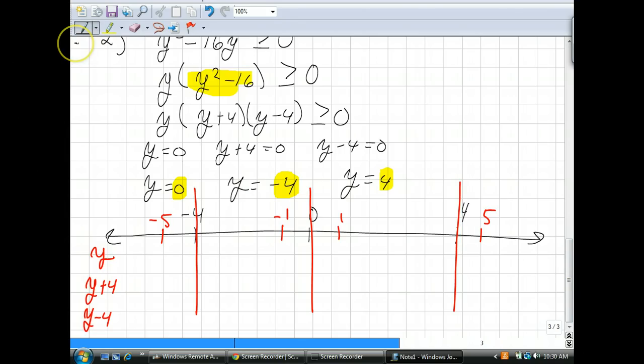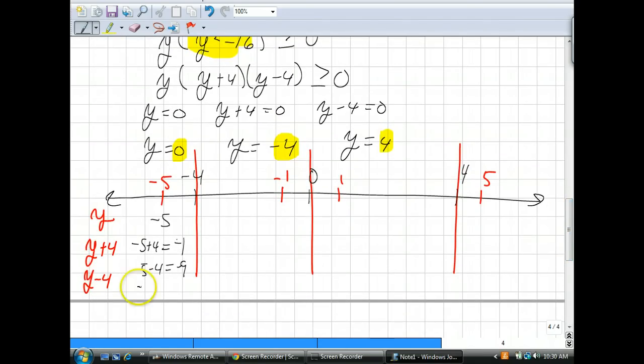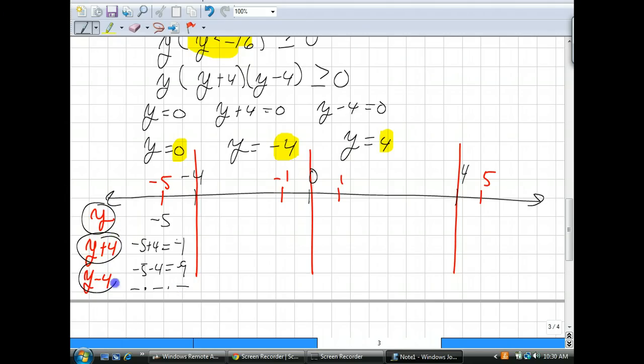So for the first interval, I'm going to put -5 in for y. Okay, and so what I get there is a negative times a negative times a negative. So in this interval, the product of this times this times this is always going to be a negative number.